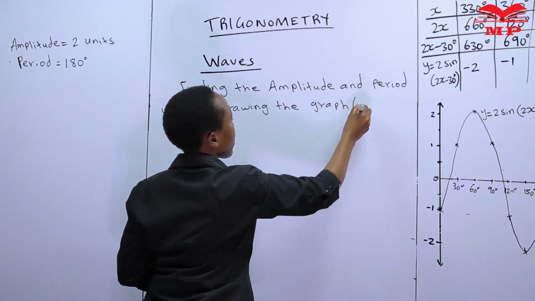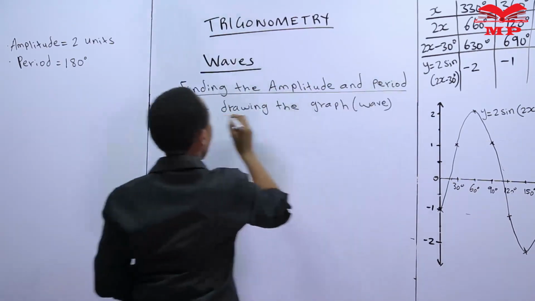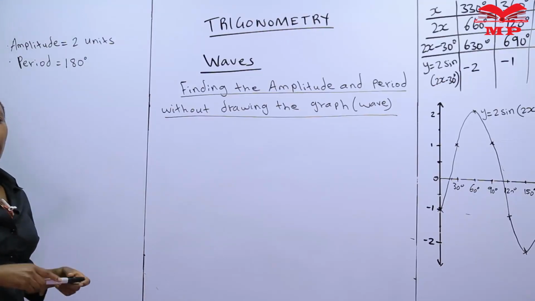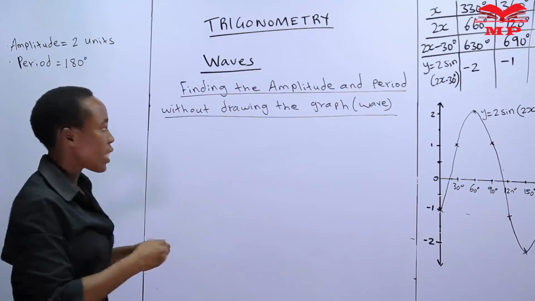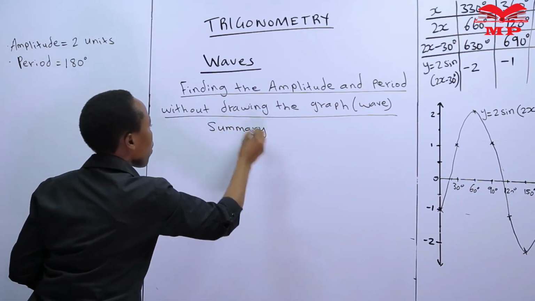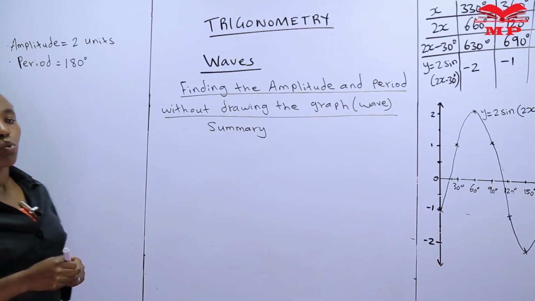And in our case here, the graph is the wave. I would like us to do a summary of what we have covered during the previous lesson and during this lesson, so that we can get to know how we can now find the amplitude and the period without having to draw the wave.